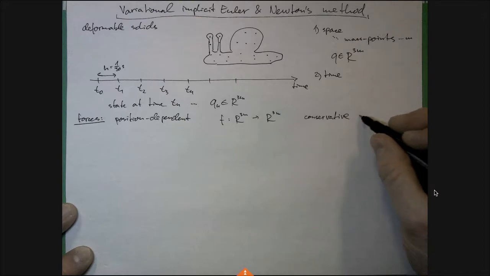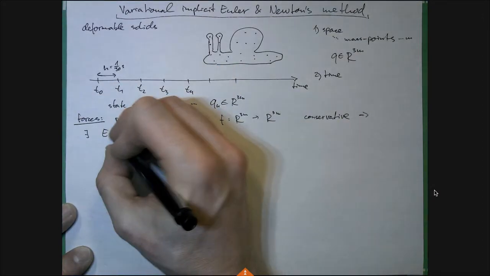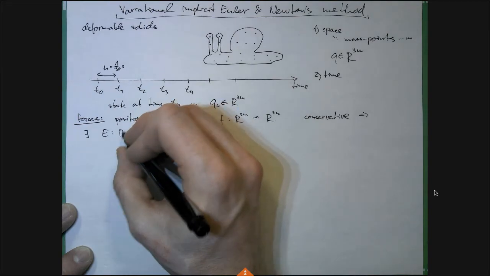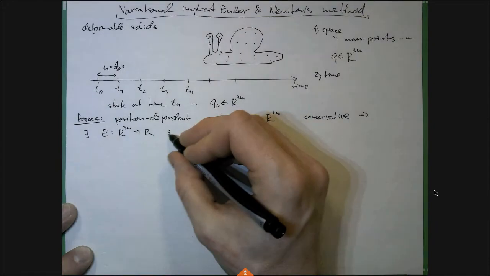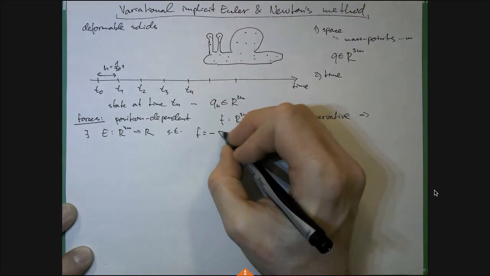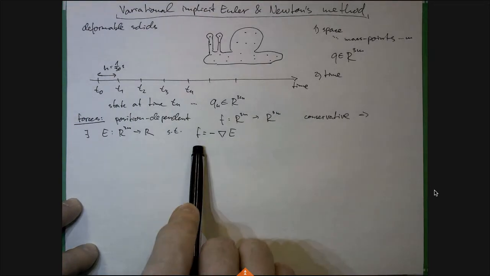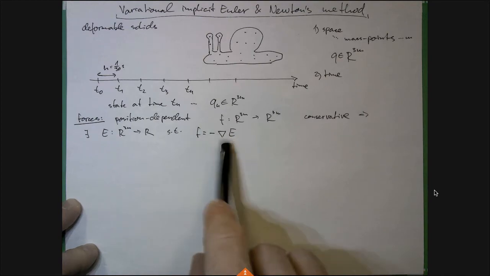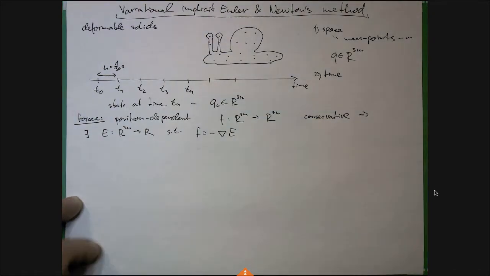That means that there exists a potential function E, from R^3m to R, such that the forces can be written as the negative gradient of the potential. If you have a conservative force field, you can find a potential, and forces are the negative gradient of the potential. That's one of the ingredients we will need to get to the optimization formulation.